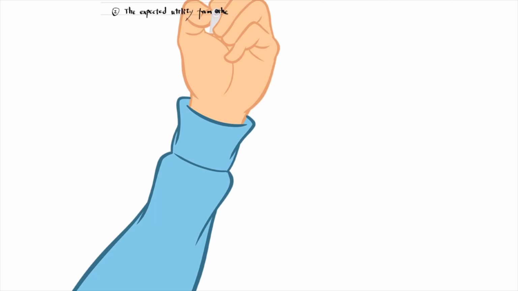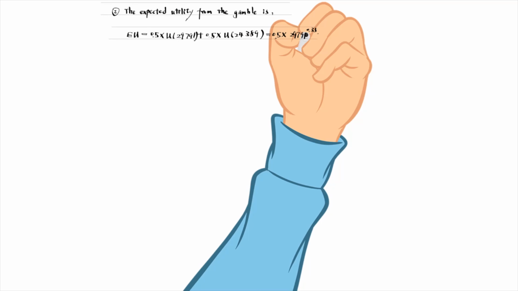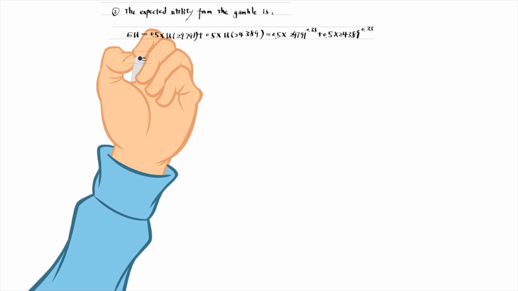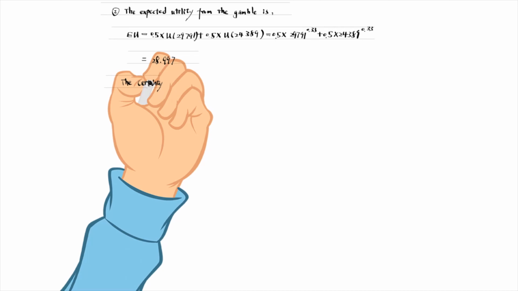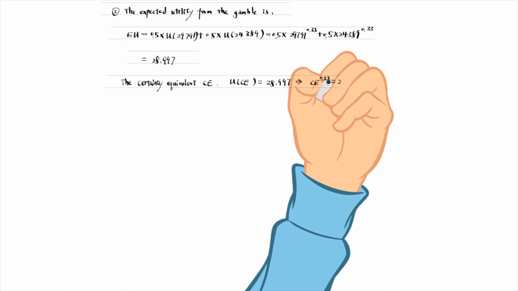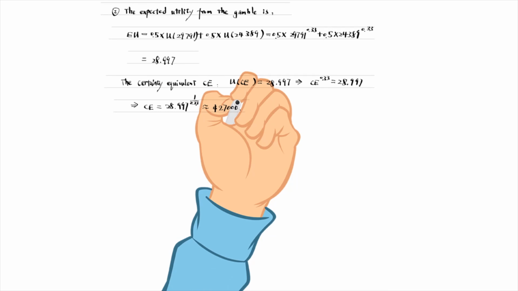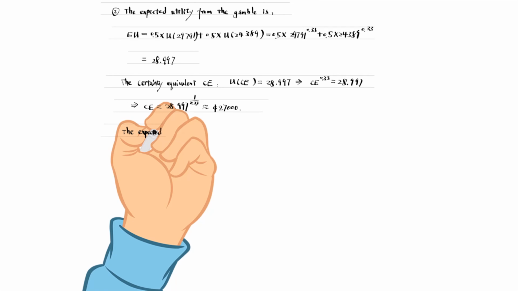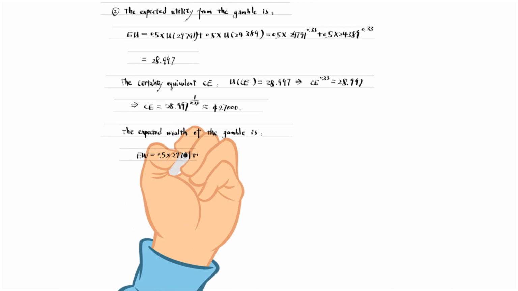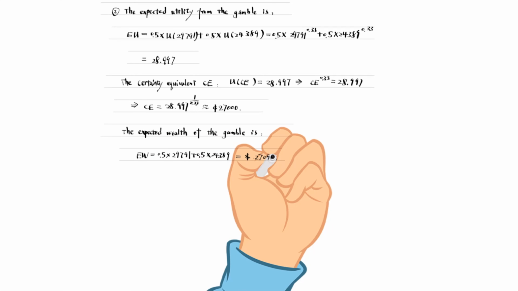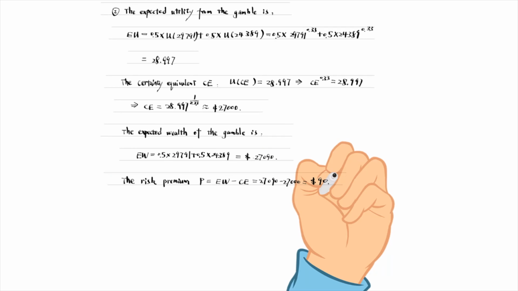We calculate the expected utility of participating in the gamble, the certainty equivalent wealth that gives the same utility, the expected wealth of the gamble, and the risk premium she is willing to pay to avoid the gamble, step by step.